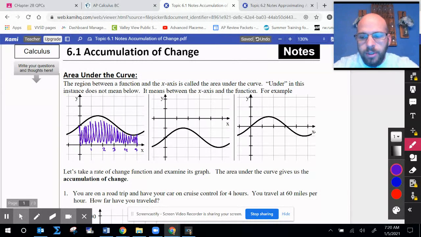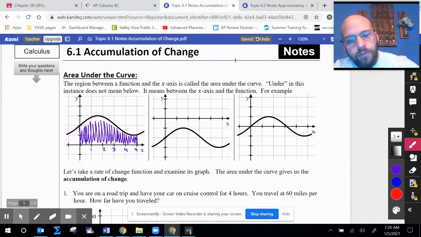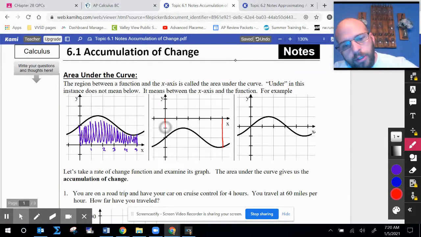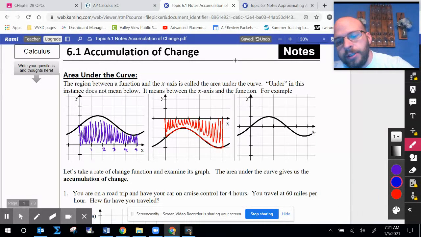Now sometimes those regions can be below the x-axis as well. So if I do the same region from 0 to 5, I am referring to this region from 0 to 5. And then lastly, sometimes you have a part of your function above or below the x-axis.